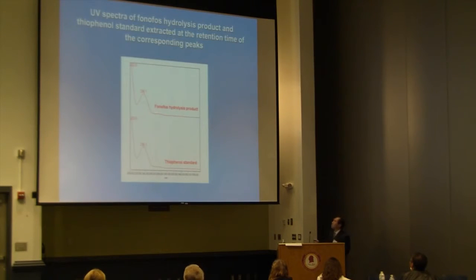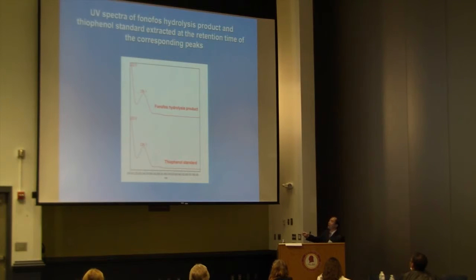And so here is the UV spectrum of the thiophenol standard. Okay, so this is a byproduct of the first hydrolysis, and then we checked some of the literature and found that it could be thiophenol.